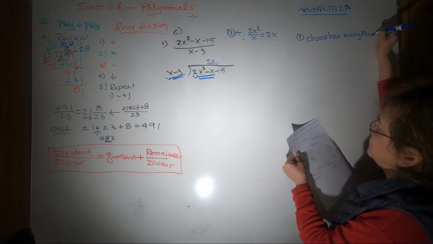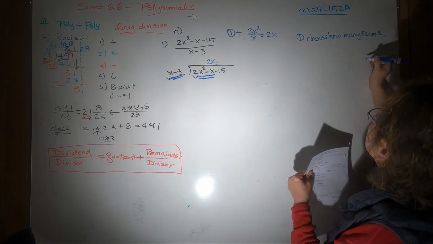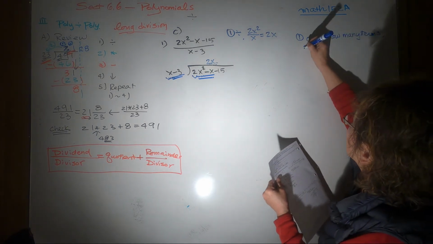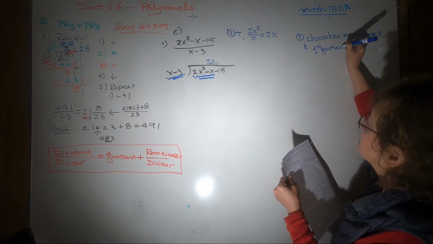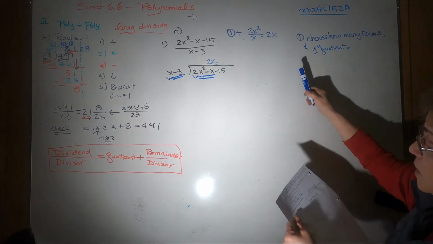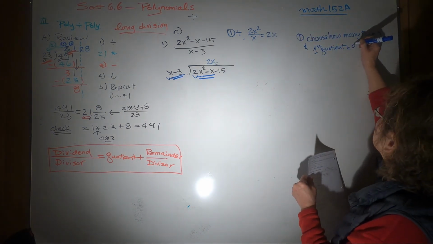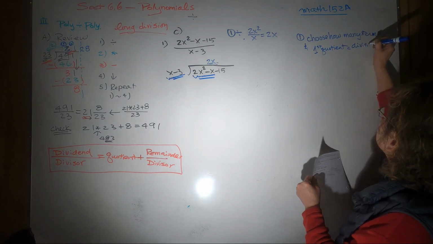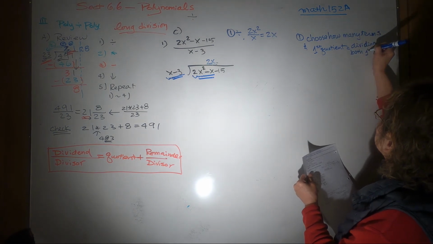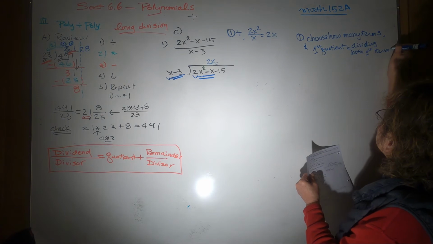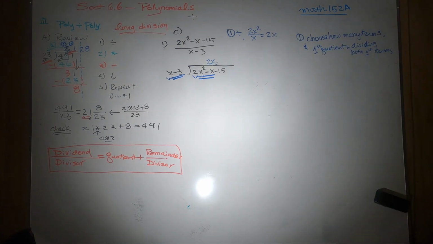So you divide the first terms, both first terms. That's how you do it. That's your first quotient. Then what's your second step?